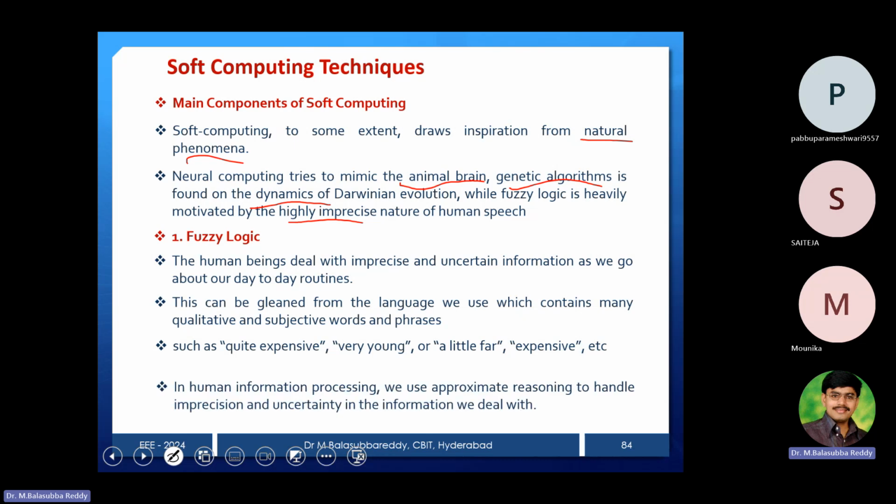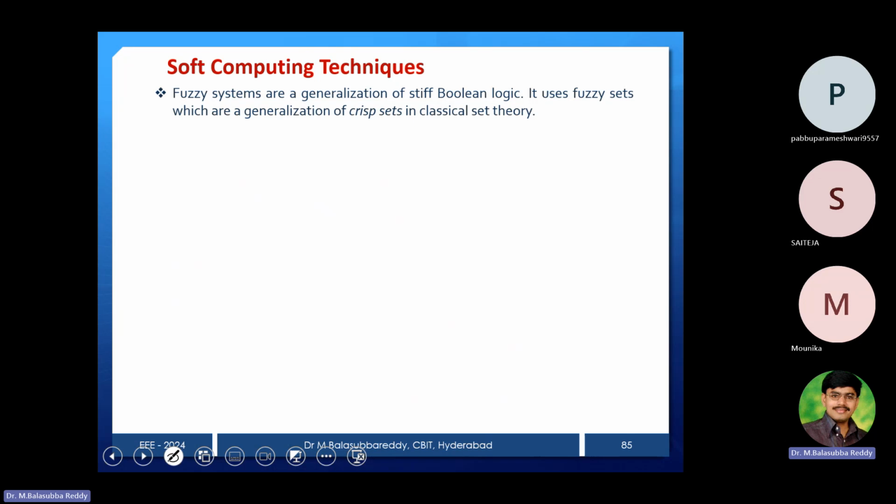So in human information processing, we use approximate reasoning to handle imprecision and uncertainty in the information we deal with.